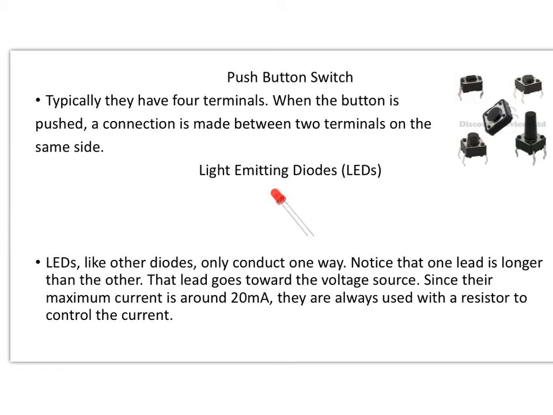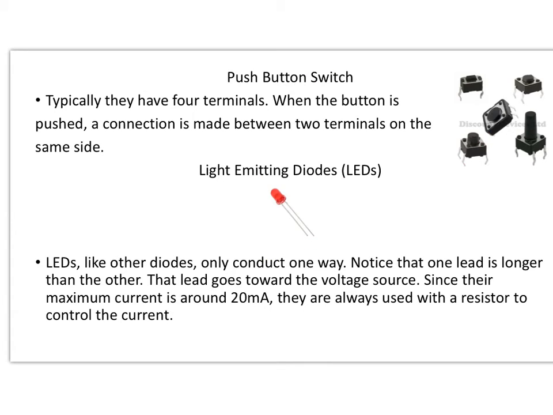Okay, now light-emitting diodes. This one is a red one, and I think you have red and green in your kits. All diodes conduct one way. You'll notice that this particular diode has one lead, this one right here, that's longer than the other one.